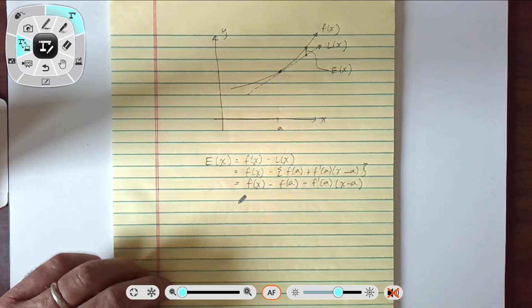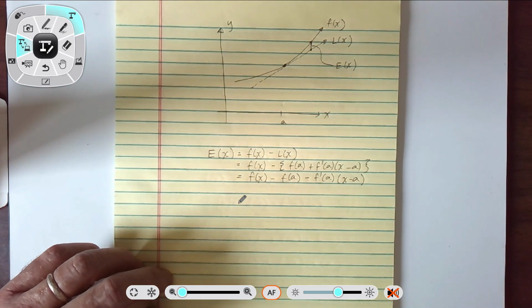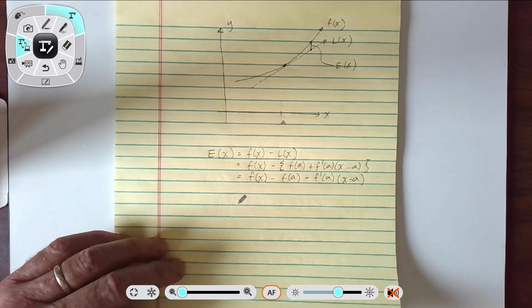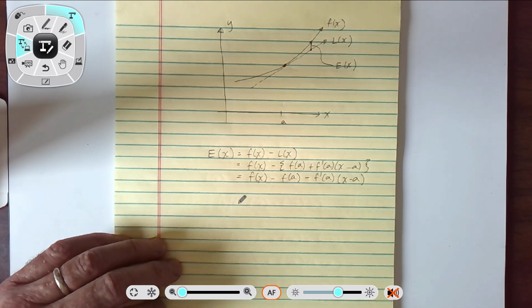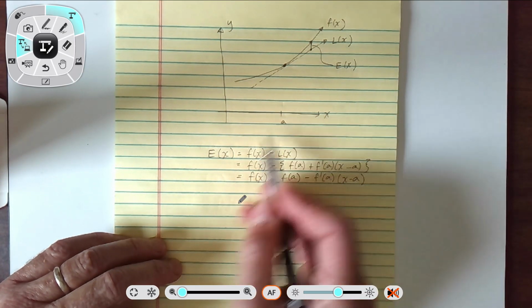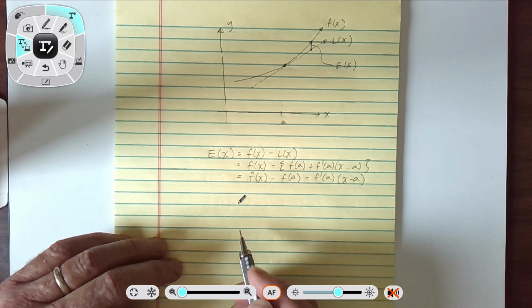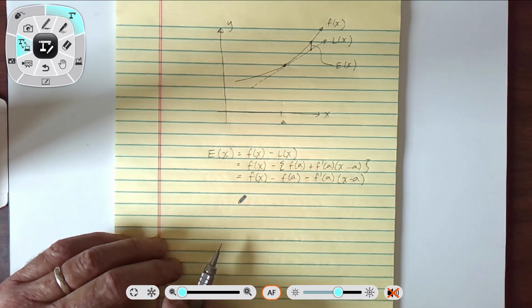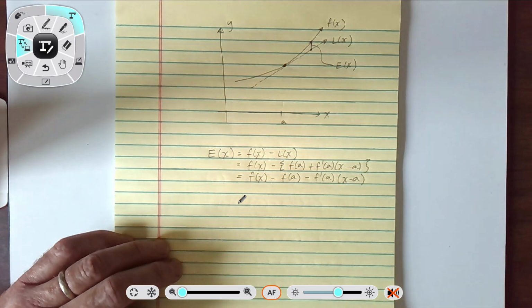And I believe that was the equation that we just showed on the screen. It's a nice, easy way to plug in and get an error function, so you can ask what happens when I'm not at a, I'm at a plus 1. I can put a plus 1 in here, feed it through the function and the error and local linearization defined this way, and get an answer.